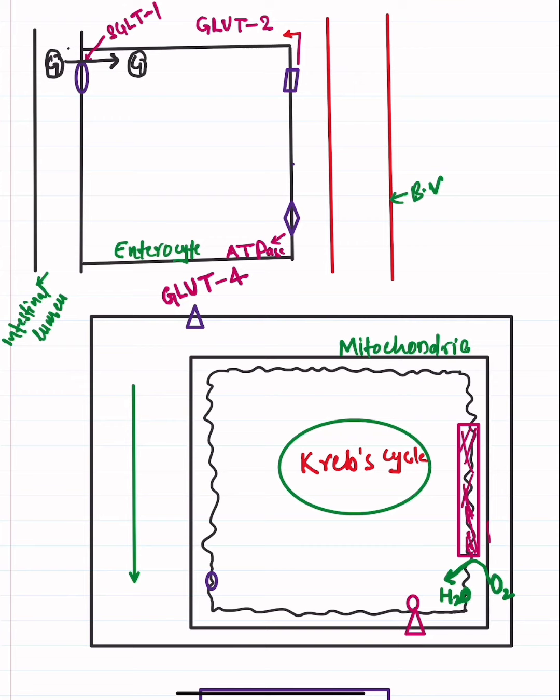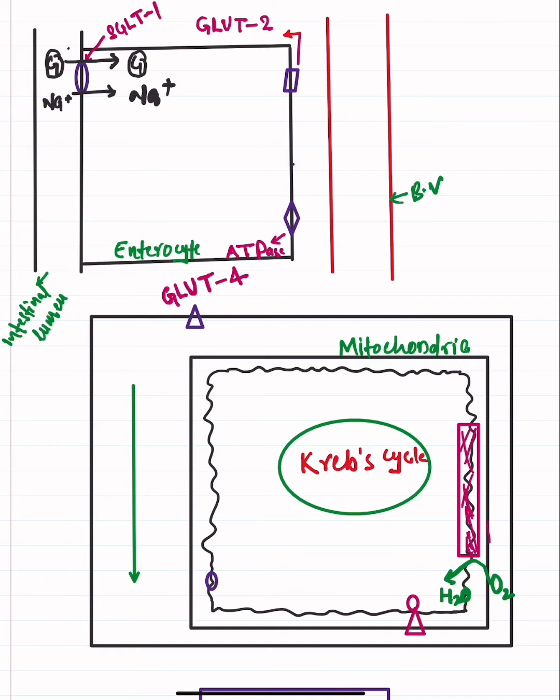The name SGLT1 means sodium glucose transporter 1. That means if glucose is transported inside the enterocyte, sodium will also get absorbed, right? That means sodium will come inside. With each molecule of glucose, sodium will come inside the cell. That means there will be so much sodium inside the cell.